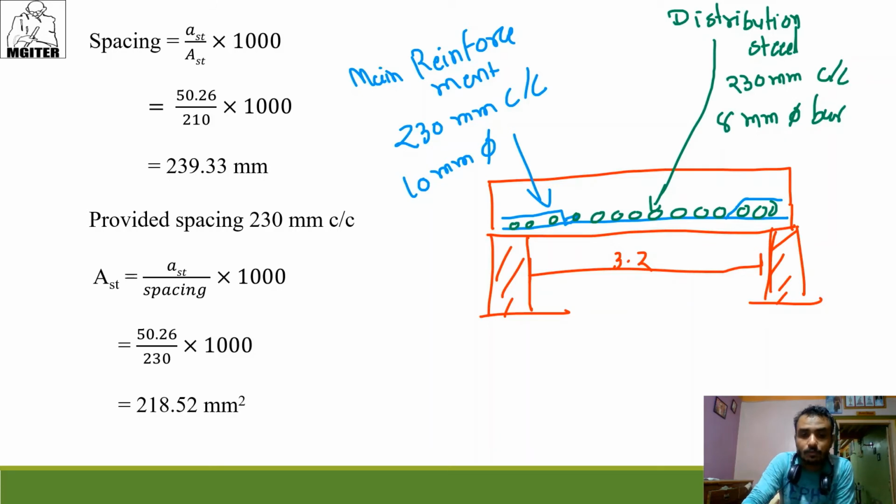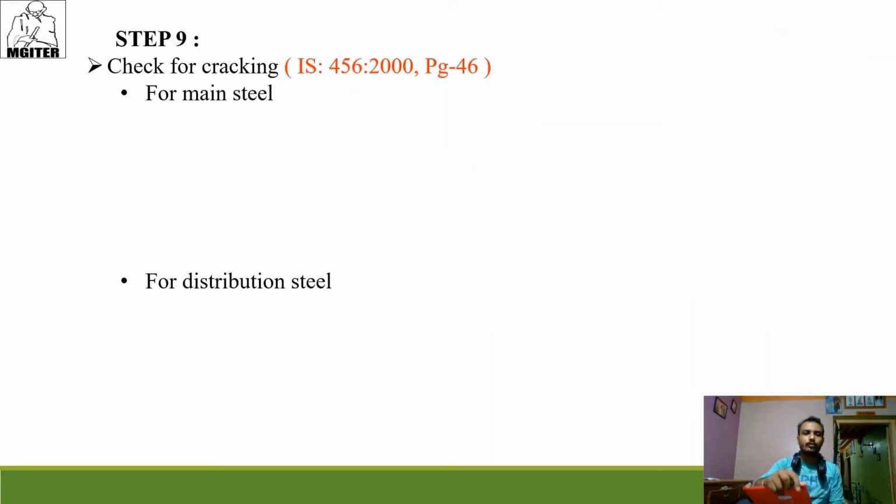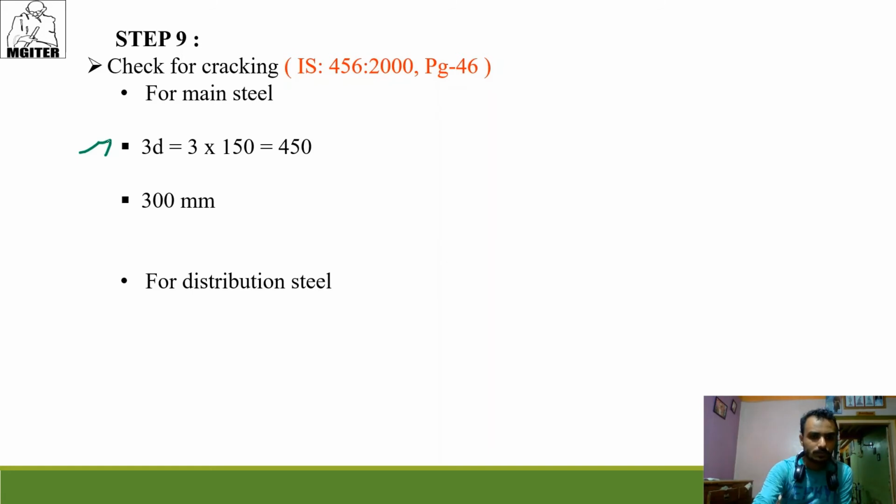So now we have to check for cracking. For the main steel we have to follow two checks. First is 3 into D, 3 into 150 is 450 mm. And the second one is 300 mm.